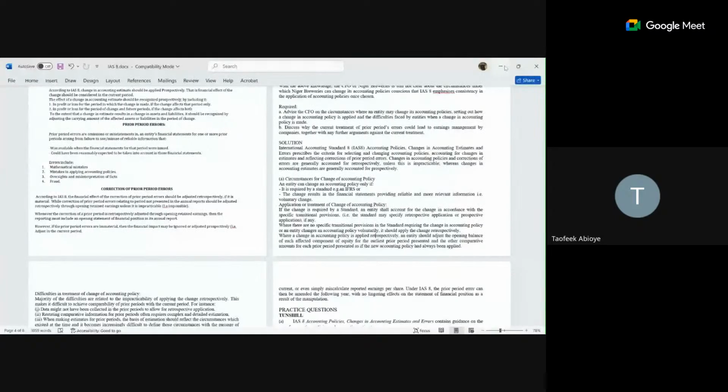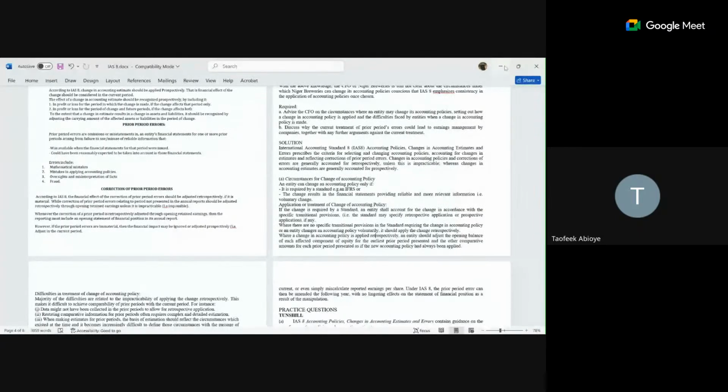So I'm going to share these notes to our group chat once we are through with this class. Please go through the questions. All these questions are past questions. In addition, you can check through the question bank where they are analyzed year by year, where each standard is being tested.